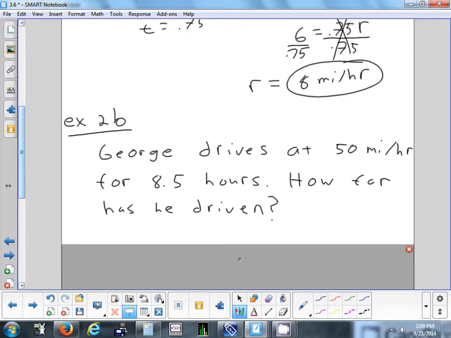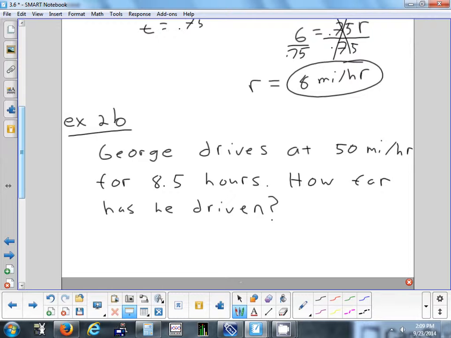To keep it simple, we're going to assume he stays at the same speed, because if he goes faster and slower, that complicates it. How far has he driven? Let's start with the 50 miles per hour. What is that?